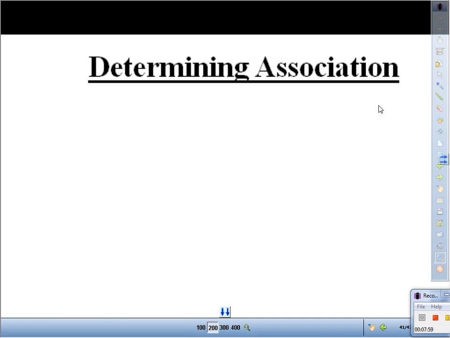Determining association. Another word for determining is to establish an association. Determining association or establish an association.